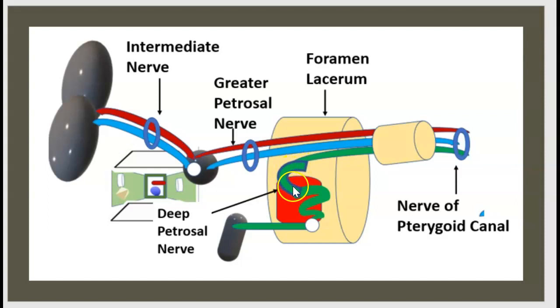Fibers coming from the deep petrosal nerve fuse with fibers coming from the preganglionic parasympathetic fibers, and together they make the nerve of the pterygoid canal.